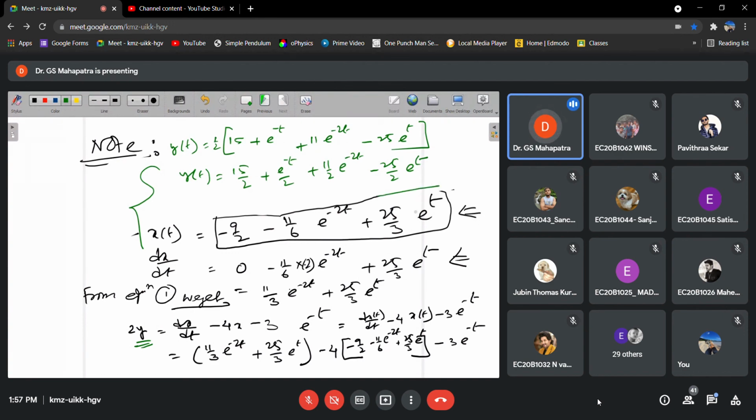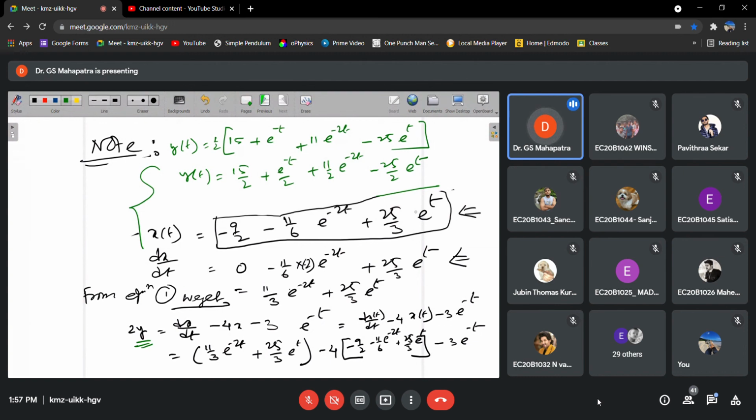This is another way to find y of t, but the procedure is the same. You can find y of t and then find x of t by replacing the y value and y dash value. That is also okay.